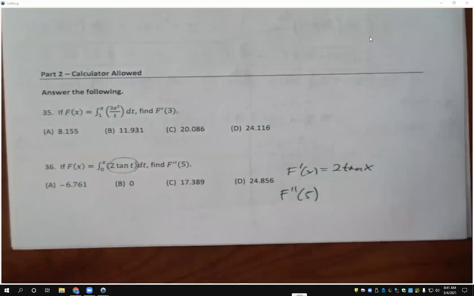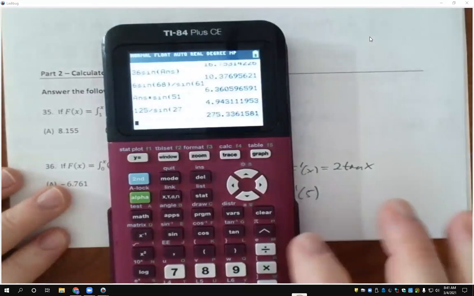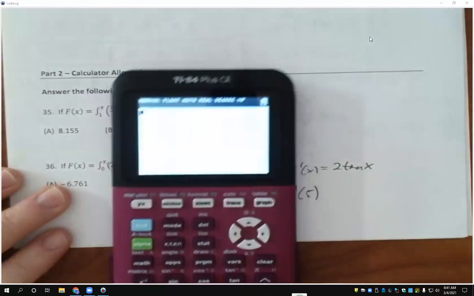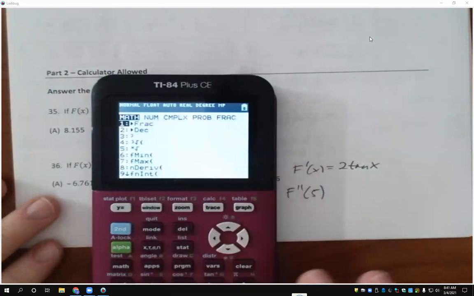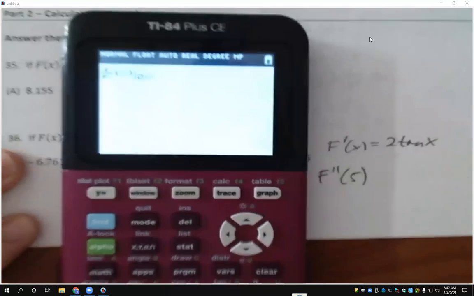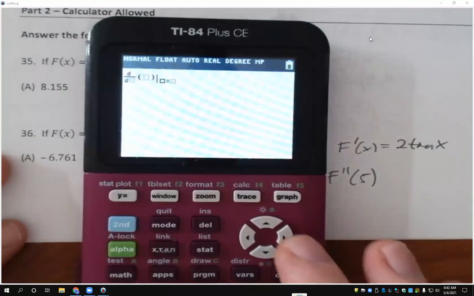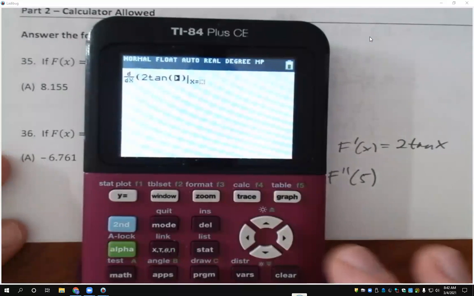We don't need to find the derivative of tangent by hand and then plug in a 5, because we can just go right to our calculator. So I'm going to Math and option 8, which is derivative. We type an x right here, and then our function is 2 tan x.